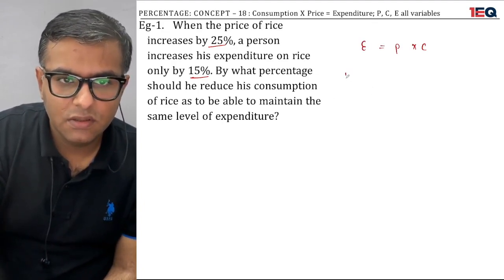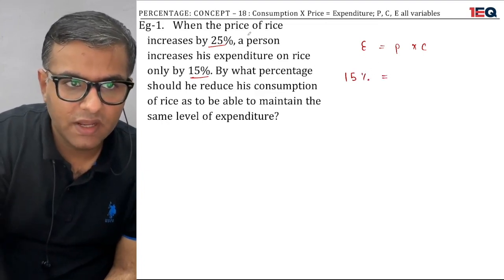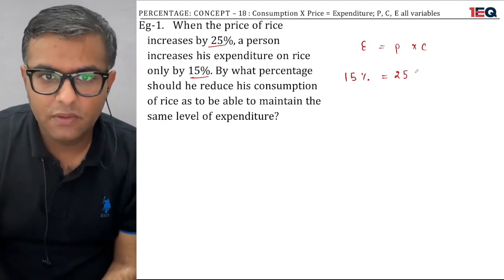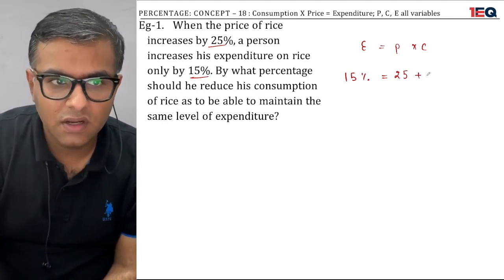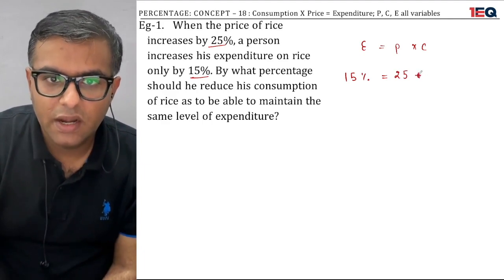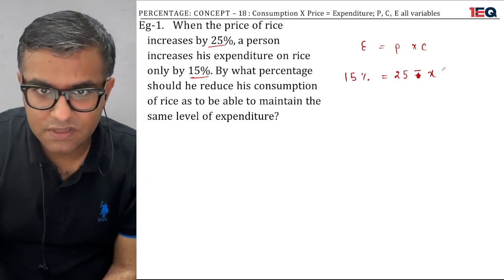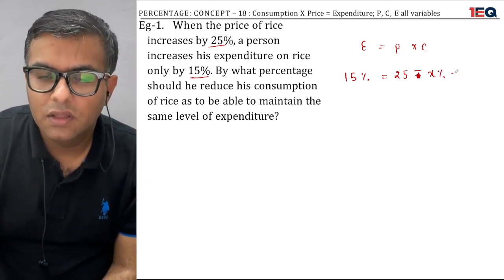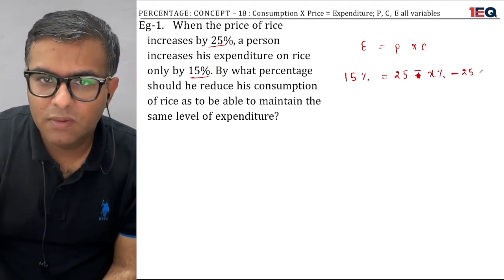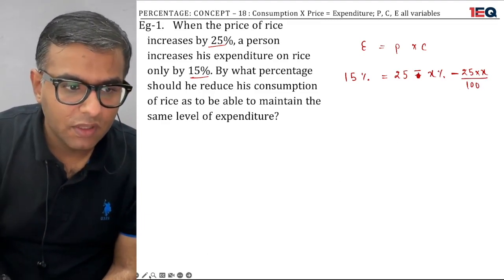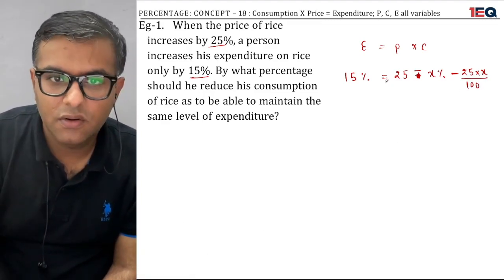The expenditure is increasing by 15%, and the price of rice is increasing by 25%. Now, this particular 25% needs to have a consumption attached to it, and the consumption has to be decreasing in percentage. I'm writing minus X%, then another X% to multiply it with X and Y. I'll just rub off the things which are not useful.